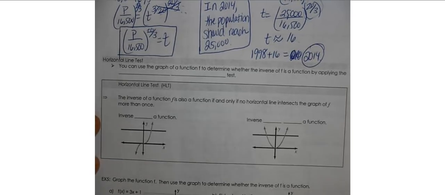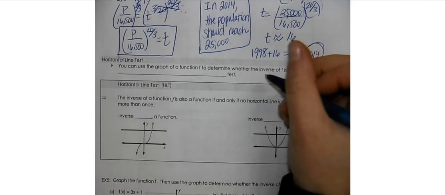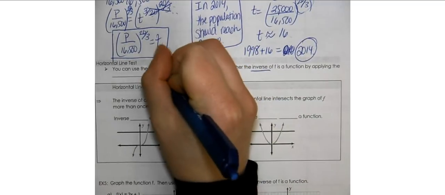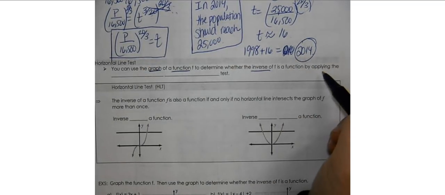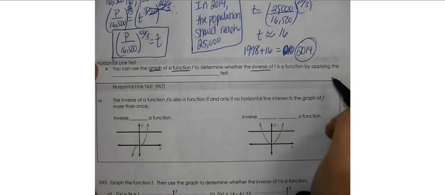So the horizontal line test. You can use the graph of a function f to determine whether the inverse is also a function. So we're going to use the graph of a given function to determine whether the inverse of f is also a function by applying the horizontal line test.